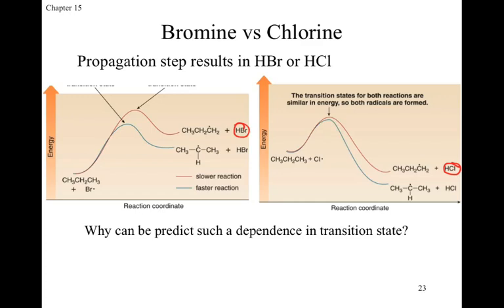So the result is, for bromination, we have an endothermic reaction. For the chlorination, we have an exothermic reaction. The endothermic is much more selective than the exothermic. If you want more on that, check your textbook. Lesson learned, do bromine.